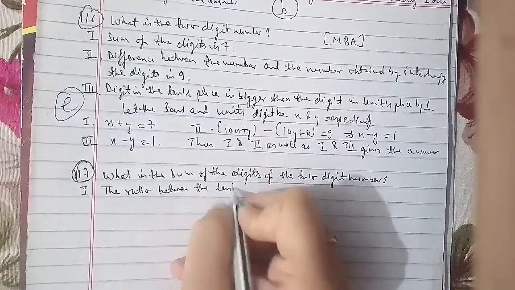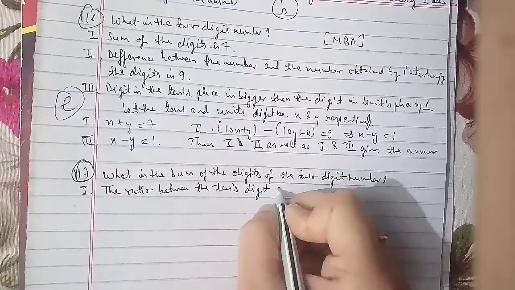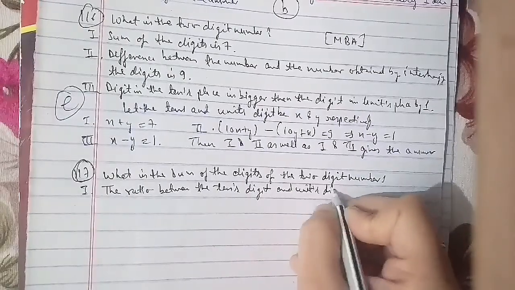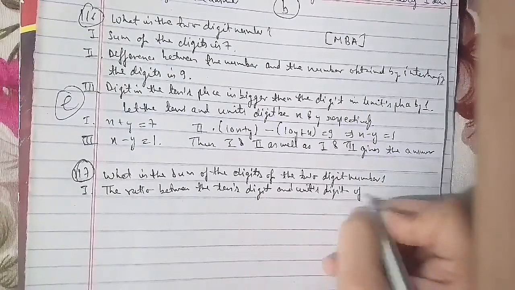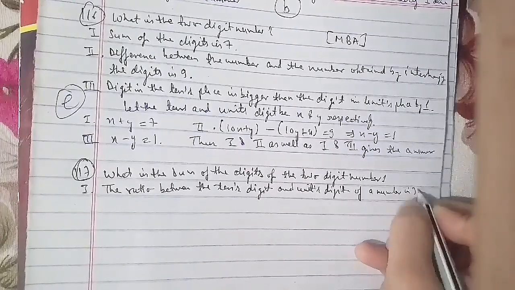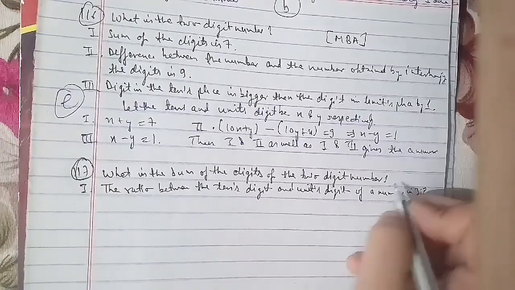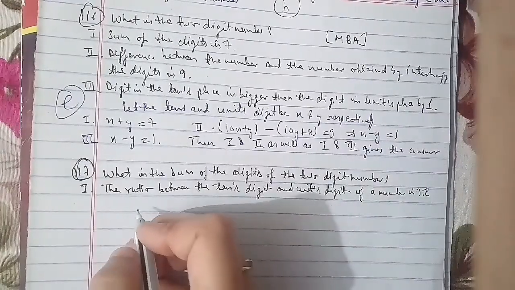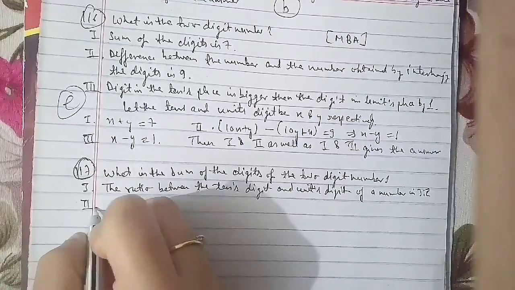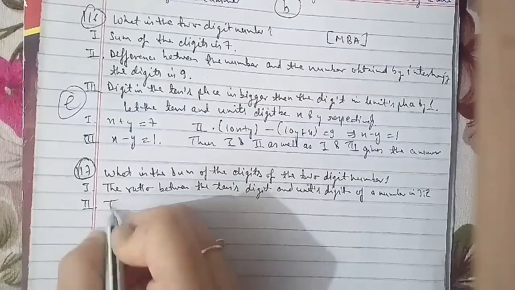The third is the product of the digits is 24. For this we have to talk about the options. We have any two of the three, one only, or second and third only, and one and two, and one and second only, and none of these for the same. And we'll go ahead for the solution for the same as well.